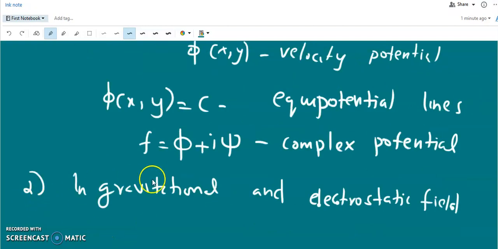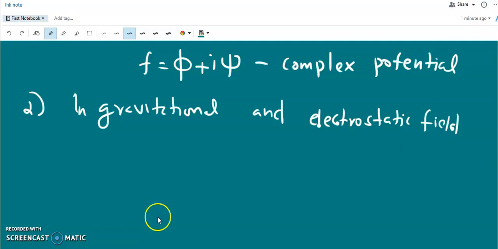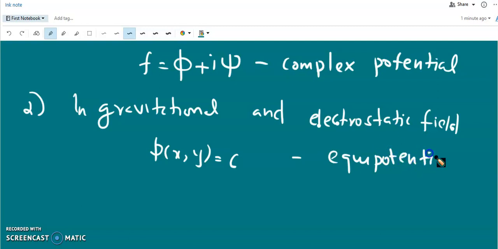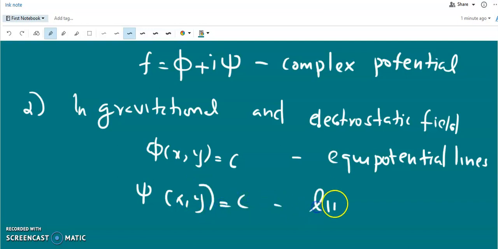Okay. Similarly, in gravitational and electrostatic fields such a potential also appears. There, instead of velocity, we write the electric field. Then you can see that phi of xy equal to constant gives the equipotential lines, that is, lines where the electric potential is constant, and the corresponding psi of xy equal to constant is the lines of force.